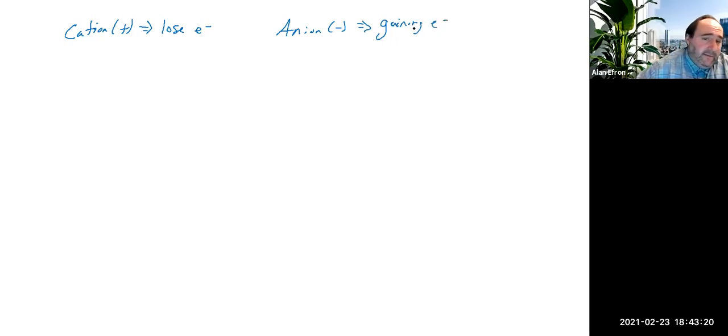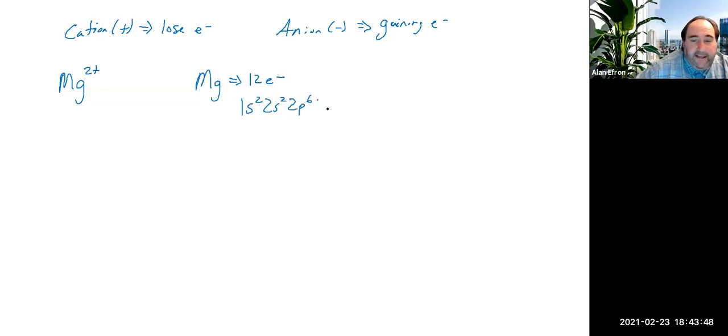So if we had, for example, magnesium with a +2 charge, and we started with just magnesium with no charge. Magnesium with no charge has 12 electrons, which means its configuration would be 1s2, 2s2, 2p6, 3s2.